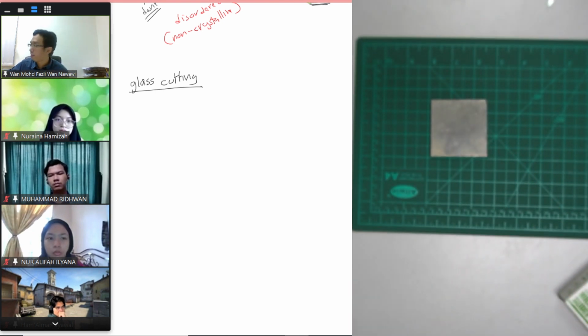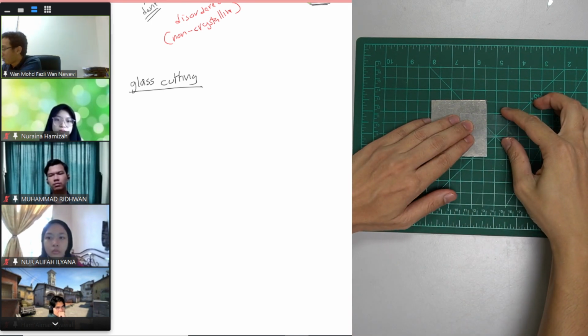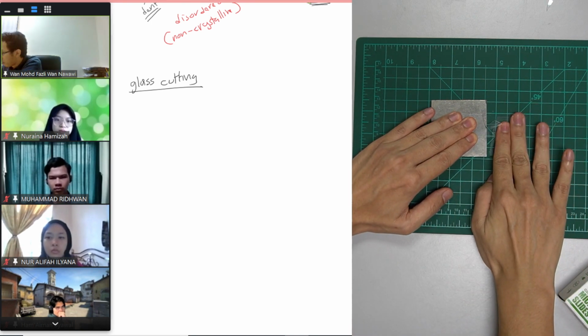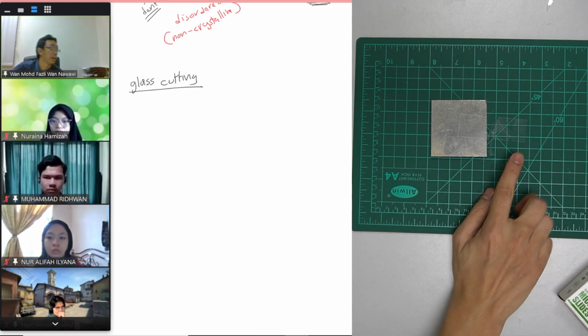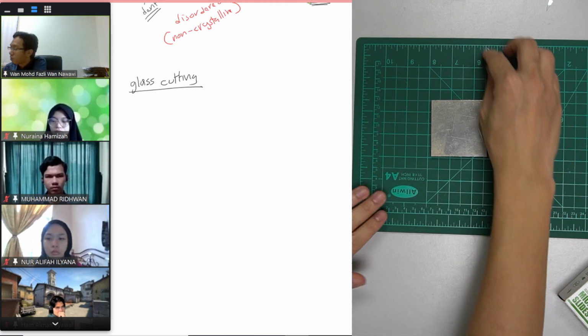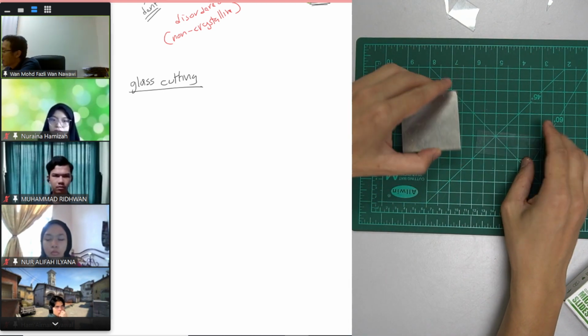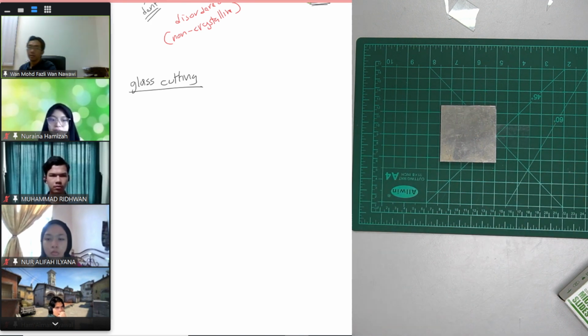From here I don't know whether there is some scratch, but very little. I don't know whether you can see or not. Yeah, they are not scratched, so you can see there are no scratches there. So maybe I need to use a different knife.